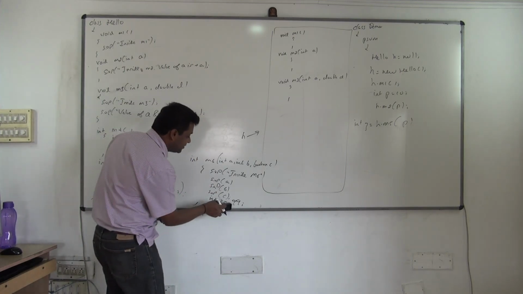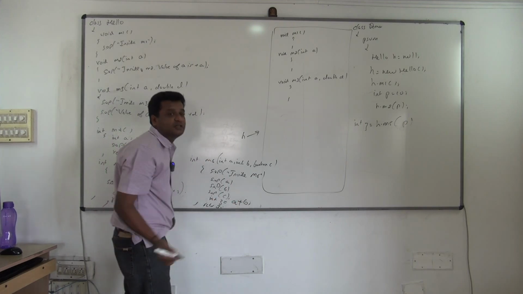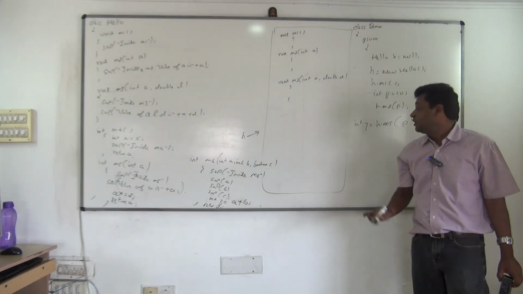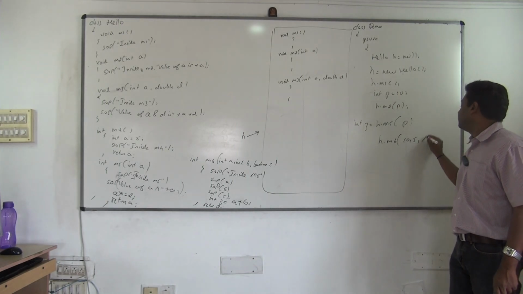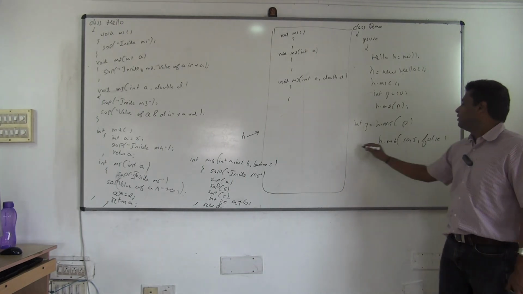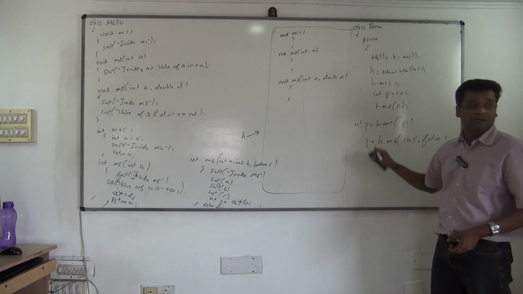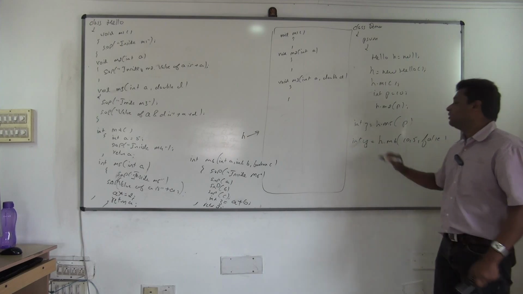Or I can write int Z is equal to A plus B, it will return you the sum of A plus B. That's your wish. But how do you call this? H dot M6 of 10, 5, false. Return type will be int. Okay, I can use the same Z, or you can go for another variable, int Y. So what will be the value of Y now?